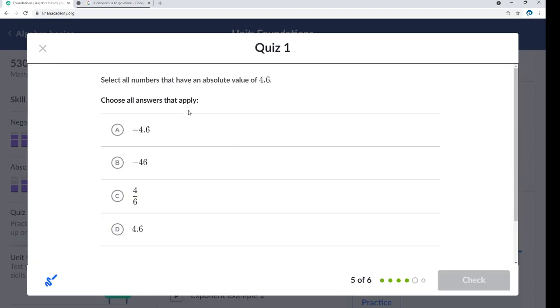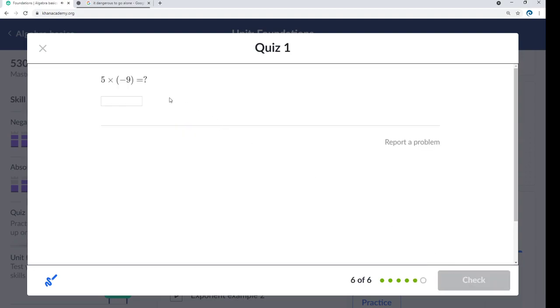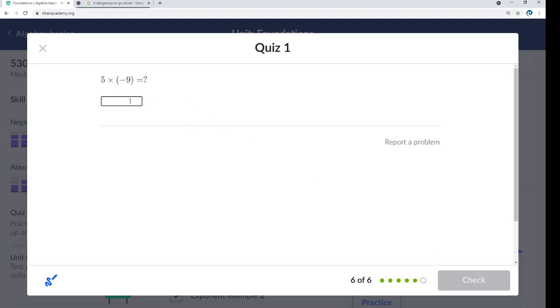Now we're going to select all the numbers that have an absolute value of 4.6. So that's going to be -4.6 and 4.6. Bam! One more. 5 times -9. Oh gosh, this was 45, right?